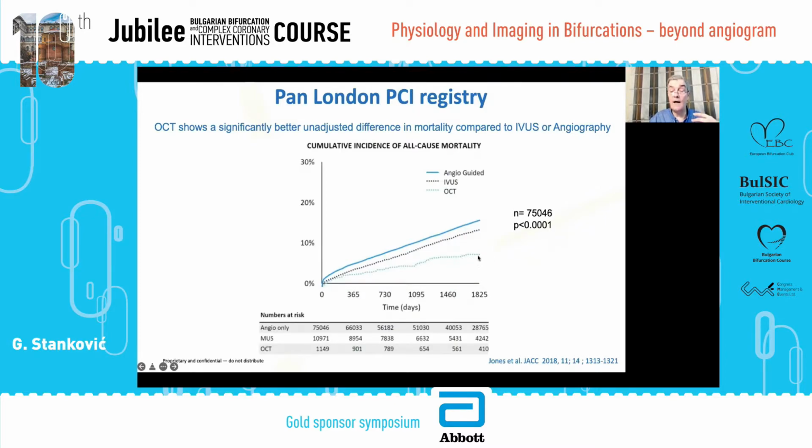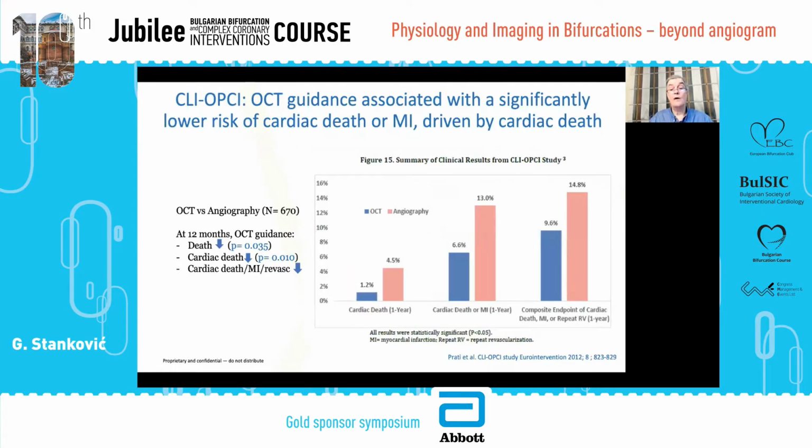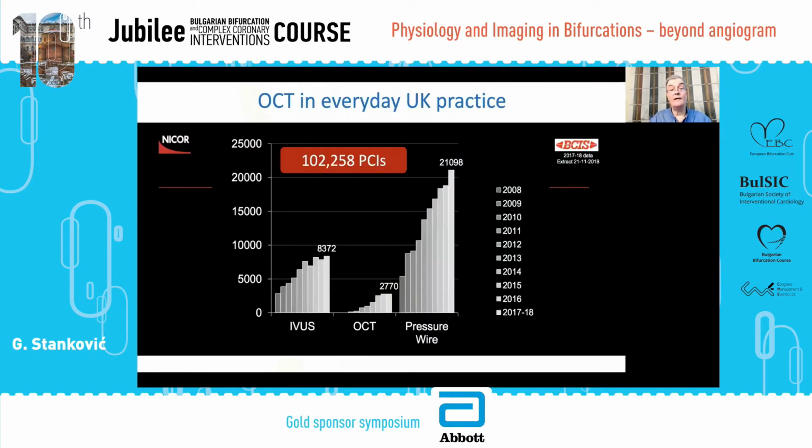If we compare OCT guidance versus angio guidance, we have a clinically relevant, statistically significant reduction in all-cause mortality. Also, data from Francesco Prati, CLIO PCI, shows that OCT guidance is associated with significantly lower risk of hard endpoints, cardiac death or MI, driven, as you may see, specifically by reduction in cardiac mortality.